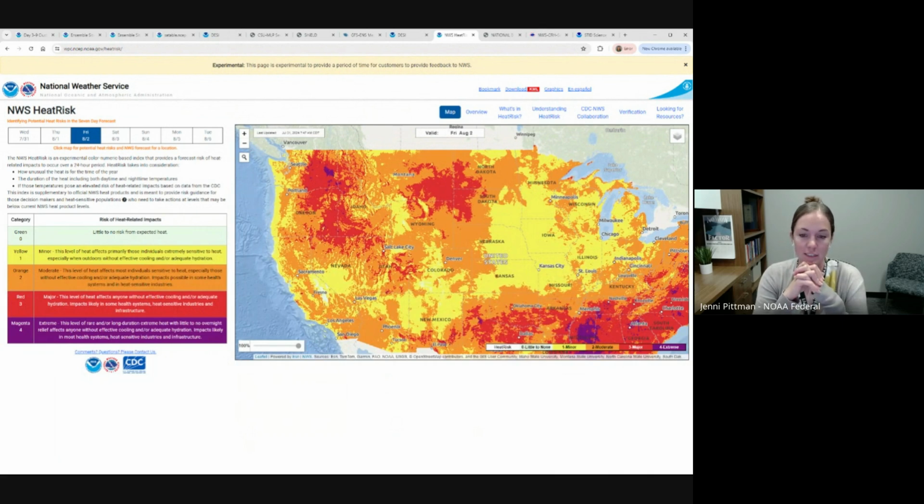Everybody in this area is like, well, it's Kansas in July, it's 100, we're used to it. But if it was June or in the West, where maybe 100 isn't as common, heat risk helps provide some context to that, and also helps provide some context with duration. Where you see those purples showing up is where you have a longer duration of that extreme heat.